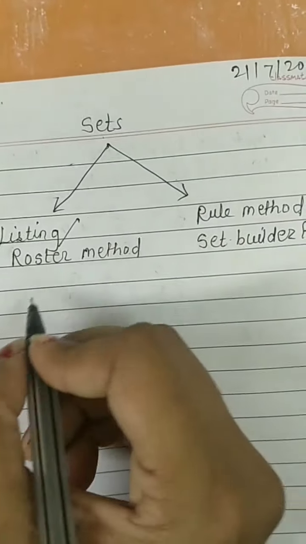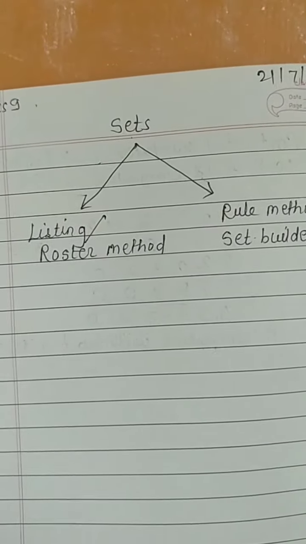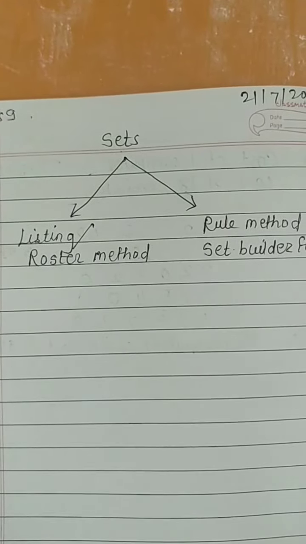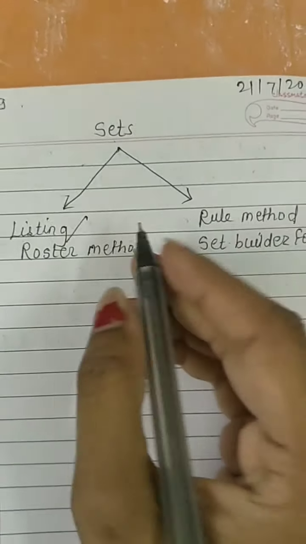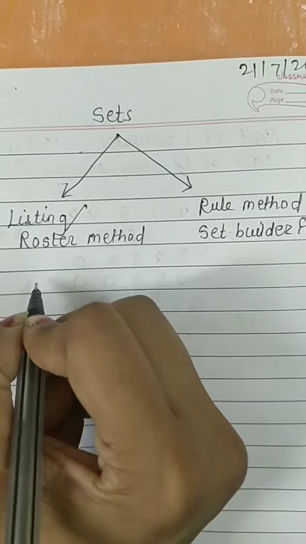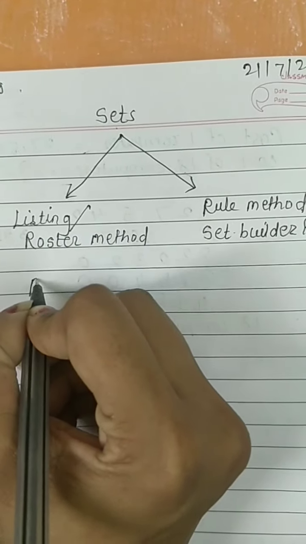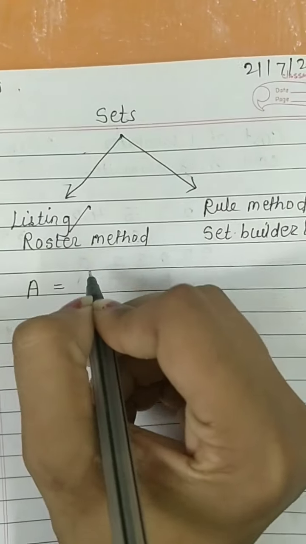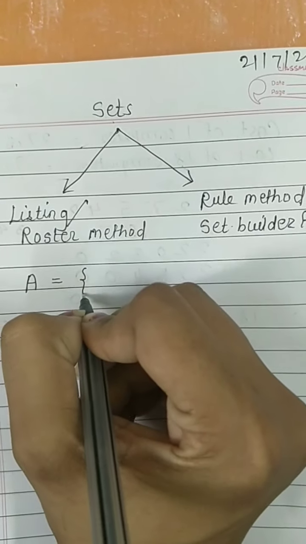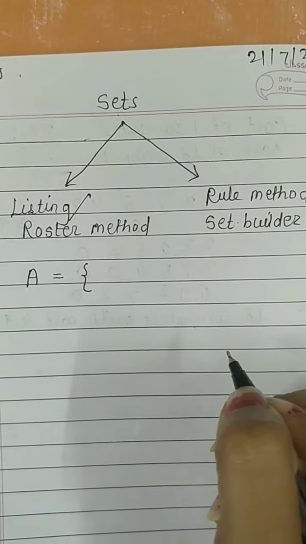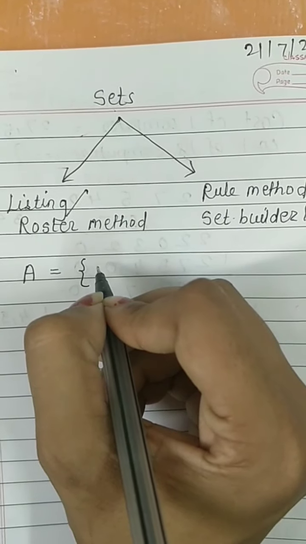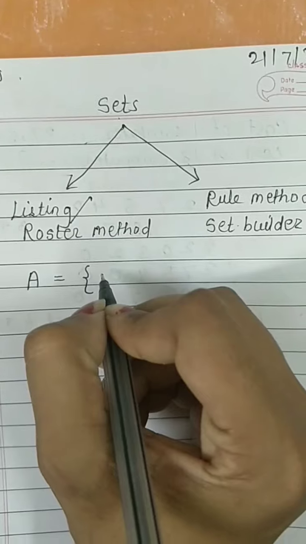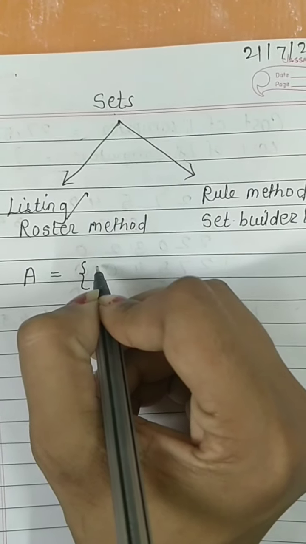Now, if I ask you to write the set of odd numbers between 1 to 10, any set is always denoted by a capital letter, and it is always written in curly brackets. We need to write the set of all the odd numbers between 1 to 10, so we cannot write 1.